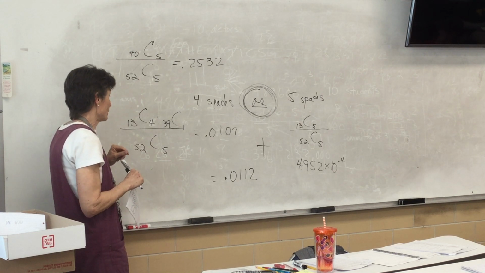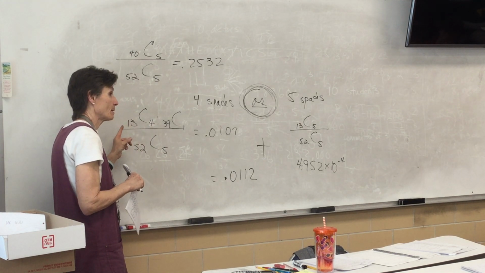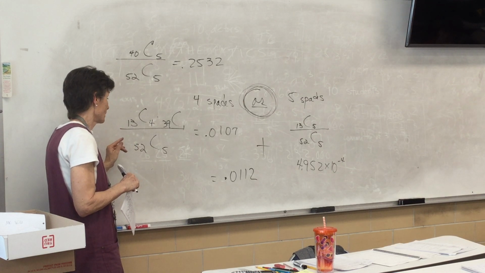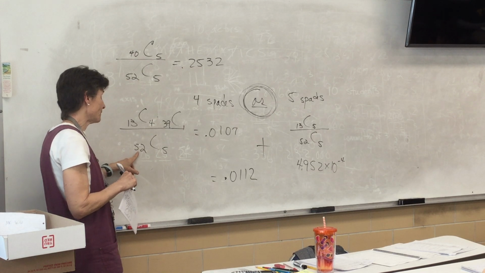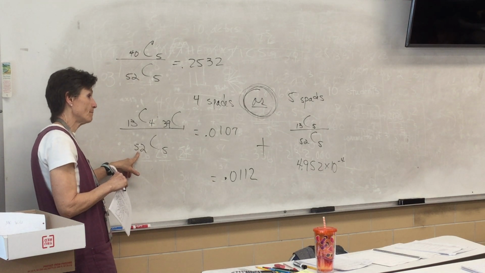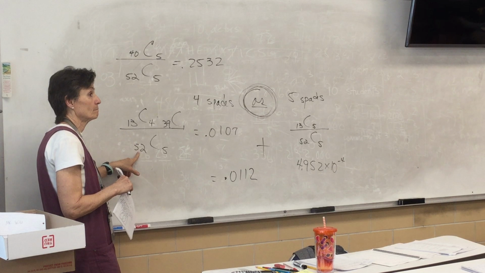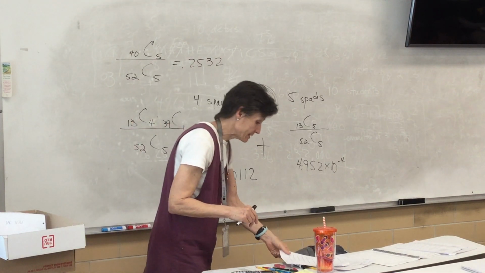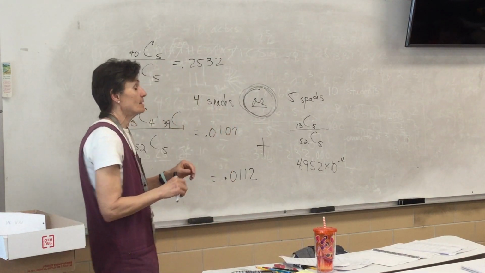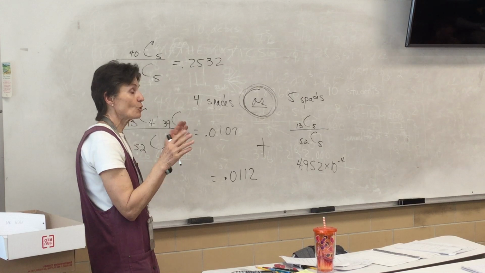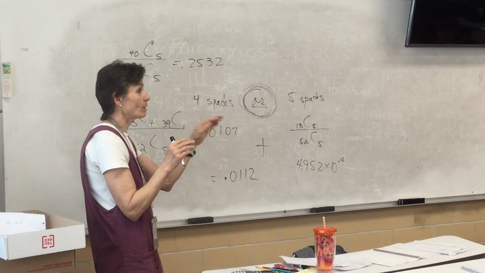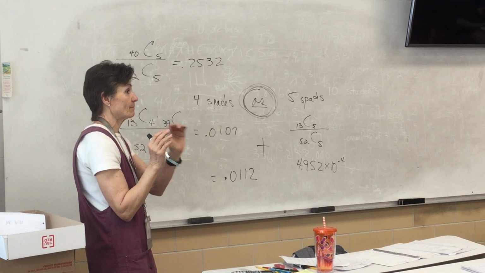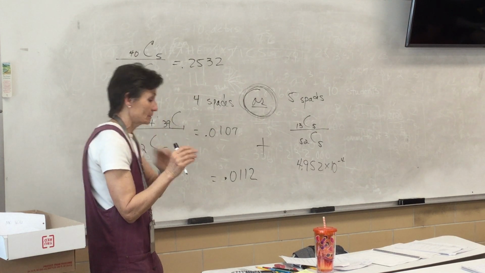No. Because the fifth one could be a spade, so you have all spades. But if we had 52 C5 on the top, it'll cancel. So you just can't do anything like that? No. When you are doing at least 4 spades, it's 2 cases. There's no way to shortcut it. You do 4 or 5 and add them together. Okay.